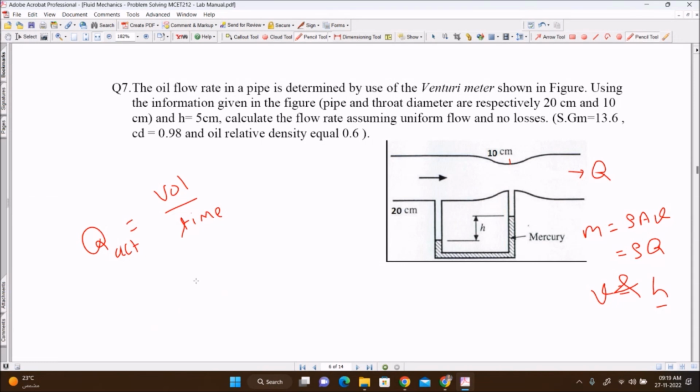And if you apply the Bernoulli's equation across 1 and 2, potential energy is converted into kinetic energy. We apply the Bernoulli's equation and then we get the theoretical discharge.